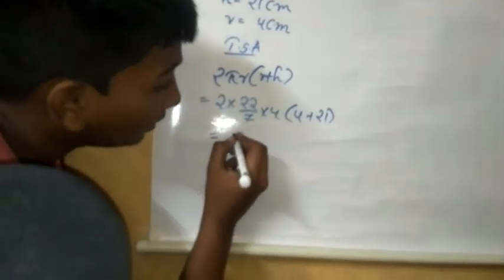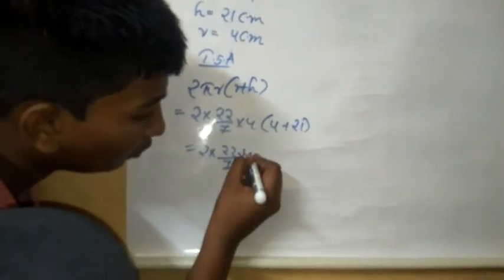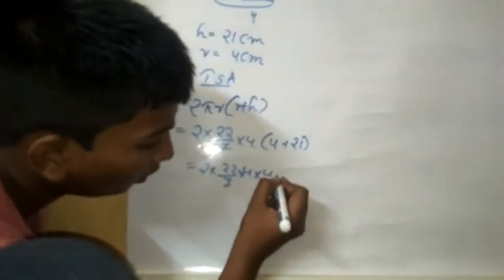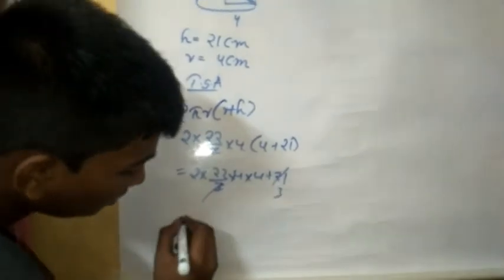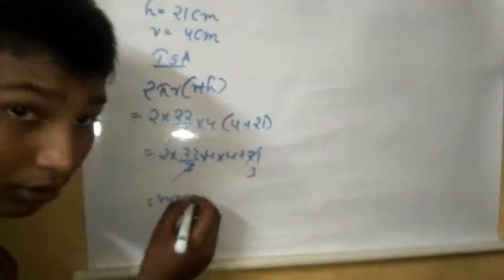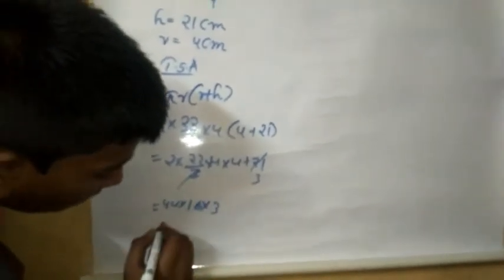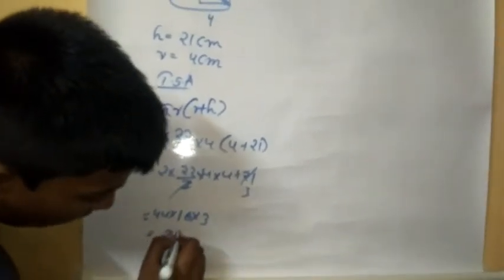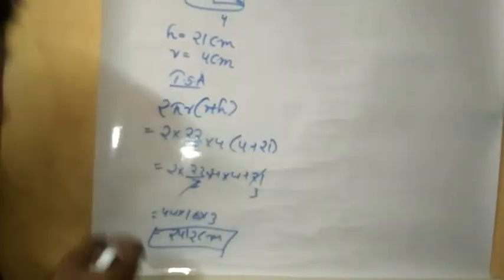So we'll get the 2 into 22 by 7 into 4 into 4 plus 21. 7 1s, 7 3s is equals to 44 into 16 into 3 is equals to 2412 centimeters is the answer. Multiplying these three, we'll get 2412 is the answer.